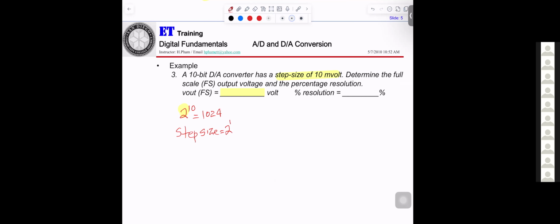Two power of n minus 1, 1023. Ten millivolt. Ten point 23 volt.